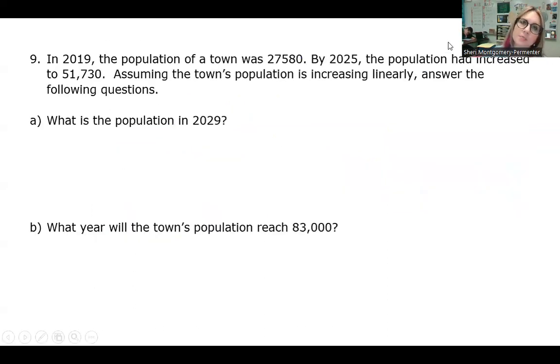The next question is a population growth question. This is the stuff we did last time. It says in 2019, the population of a town was 27,580. These numbers go together, so I'm going to connect them. And then it says by 2025, the population increased to this.